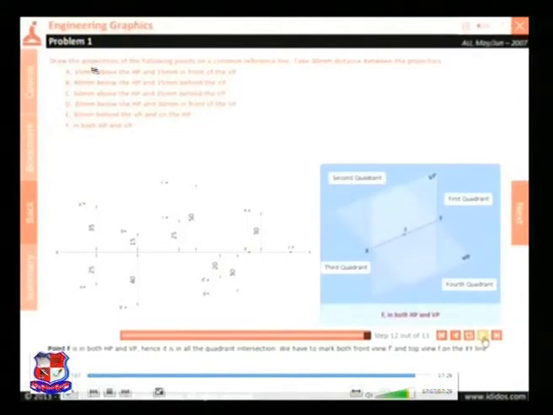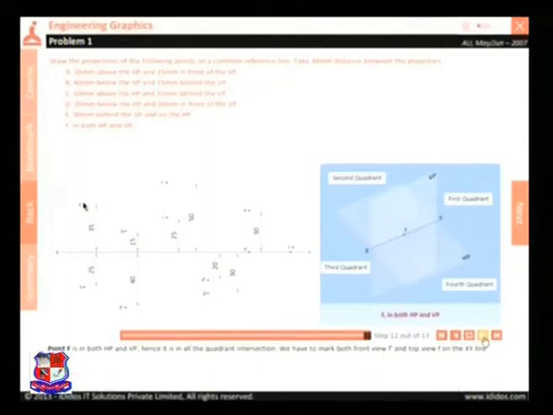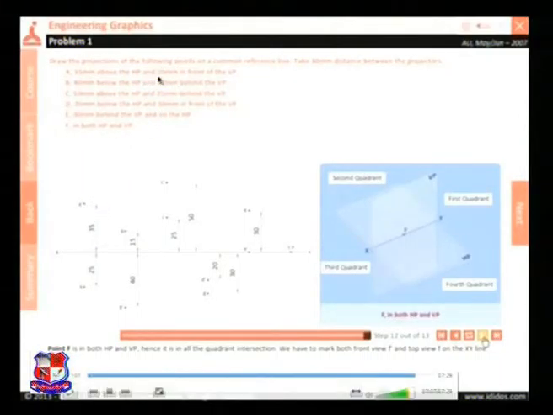If anyone says that a point A is 20 mm above HP, over here it is given 35 mm above HP. Above HP means it is above XY line. Mark a point 35 mm above XY line. What else does this point say? 25 mm in front of VP.